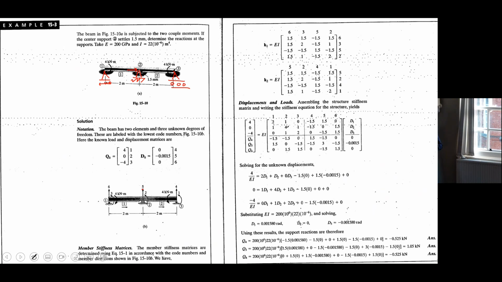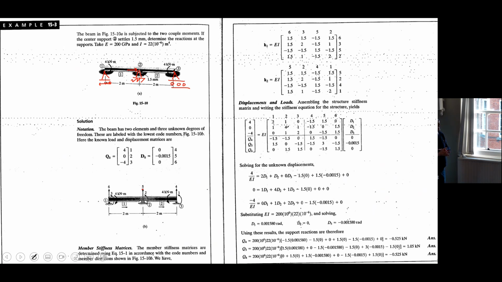We will again have a 6 by 6 and we will eliminate 3 of them because we have 3 support reactions, which make restraints along the degrees of freedom 4, 5, 6. They are constrained not to move along the vertical deformations.